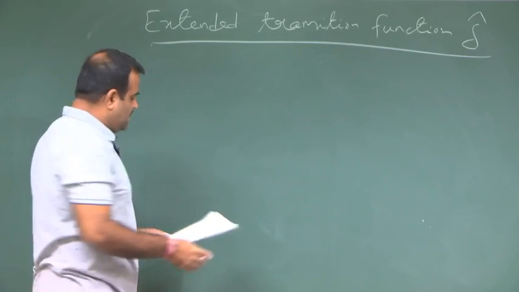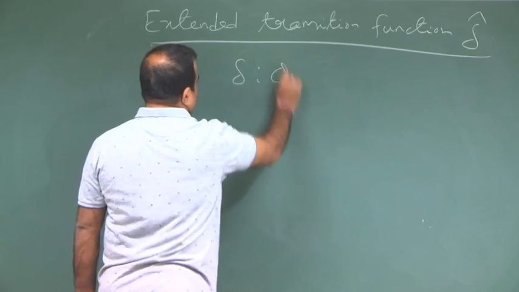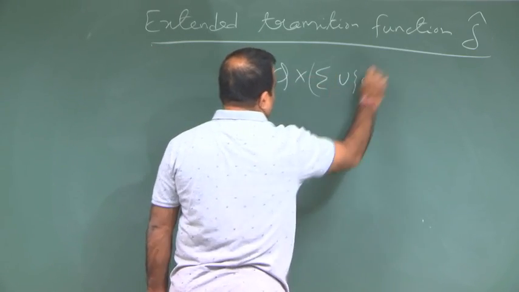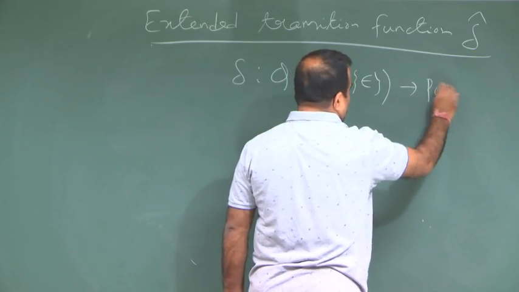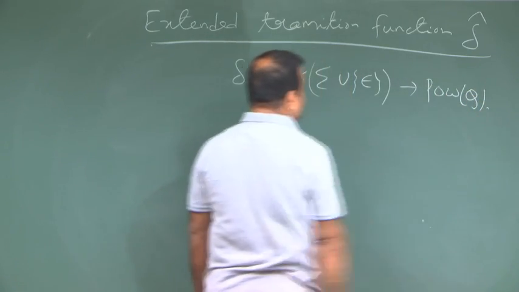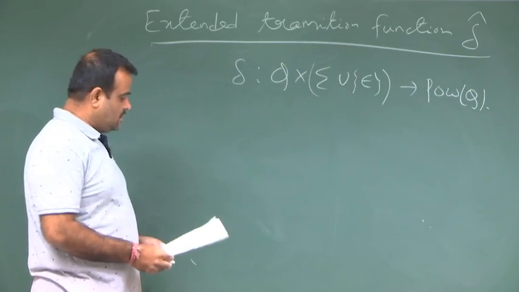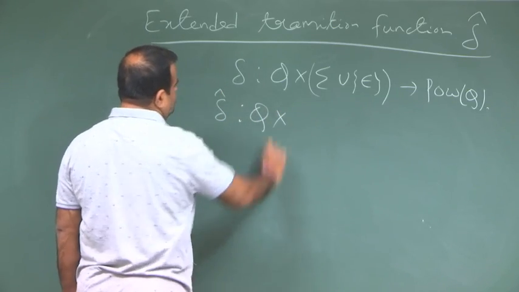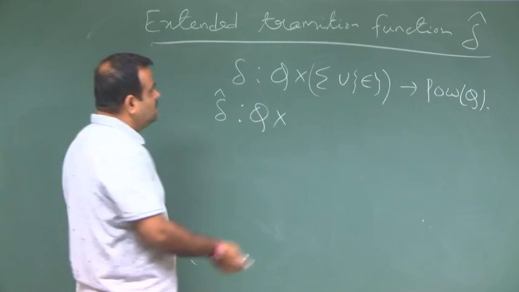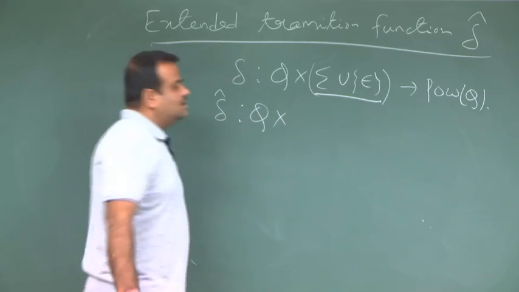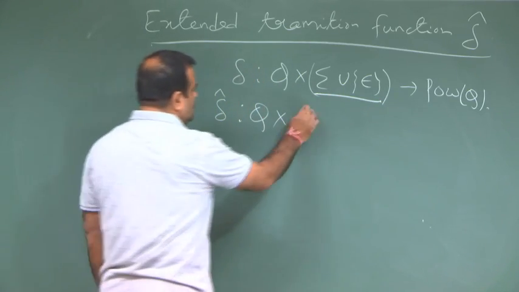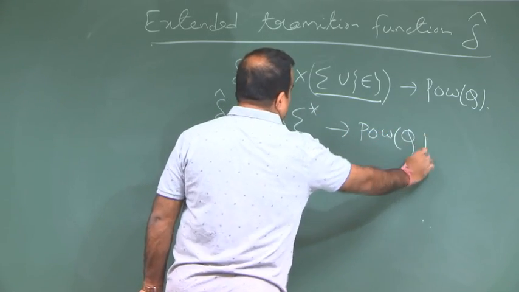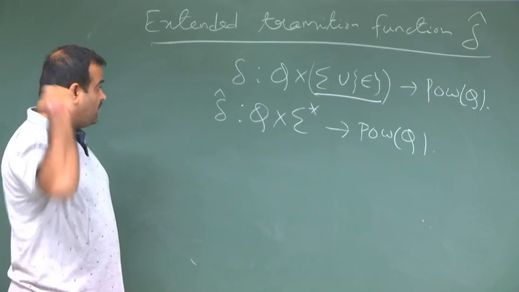Okay. So we know delta is nothing but Q cross sigma union epsilon going to the power set of Q. It is a subset. Now we want a delta hat which is Q cross, it should take a string instead of a single alphabet or the epsilon move. This will also go to the power set of Q. Now, how to define this?